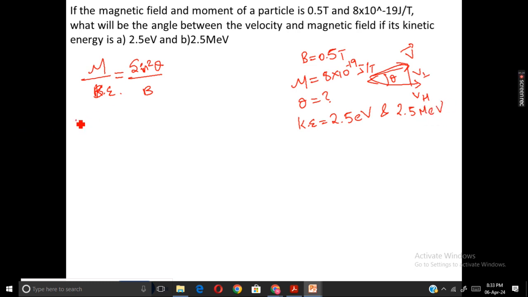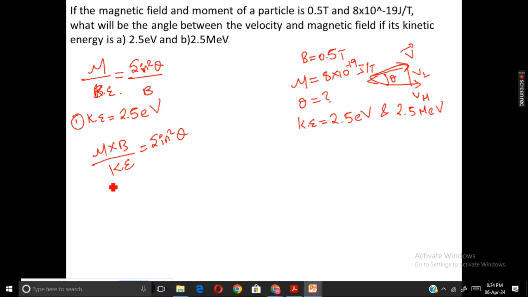Now let's try the first case, when kinetic energy is 2.5 electron volt. We want to find theta. It is mu into B by kinetic energy equals sine square theta.